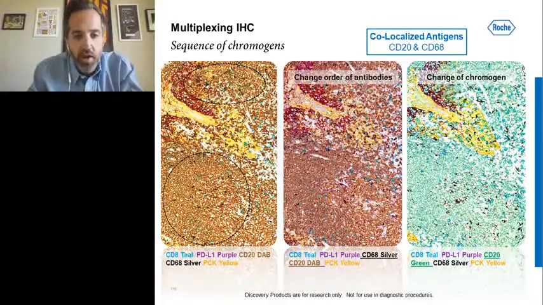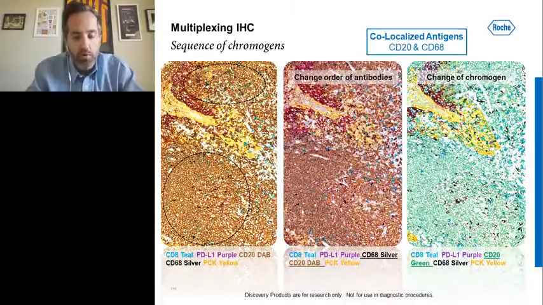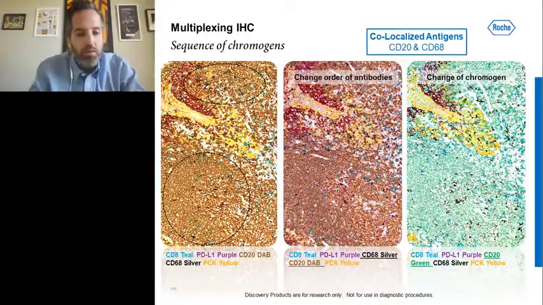On the right-hand side, what we've done is to take away the DAB and replace it with green. And by doing that, everything becomes a lot more clear. It's much easier to see those different markers because of the way in which the green chromogen works and allows us to have better contrast against the other markers that we're using.